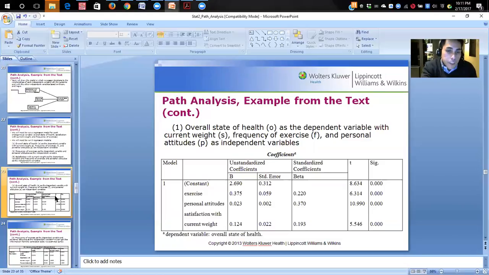Those are the three independent variables that you are looking at, and you are examining the total effect that leads to overall state of health, which is your dependent variable, or what we call the outcome variable.